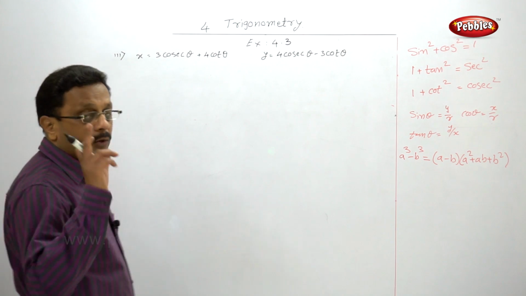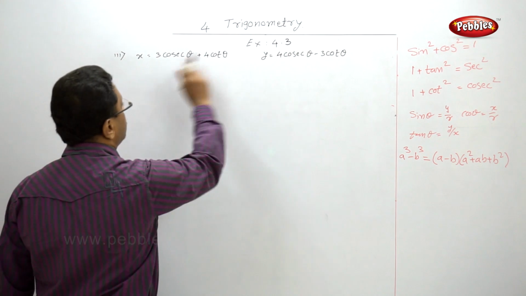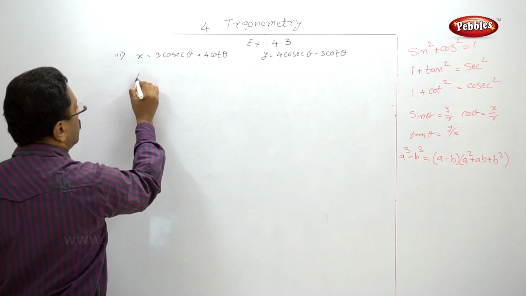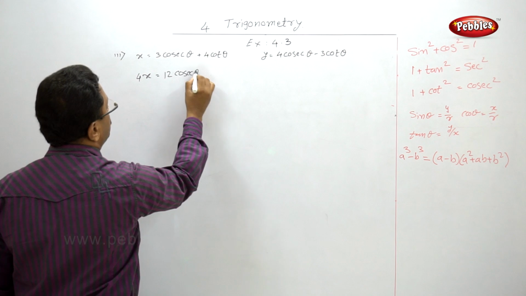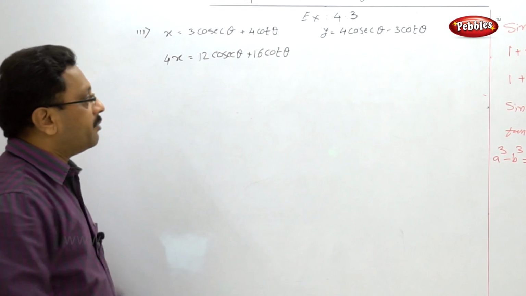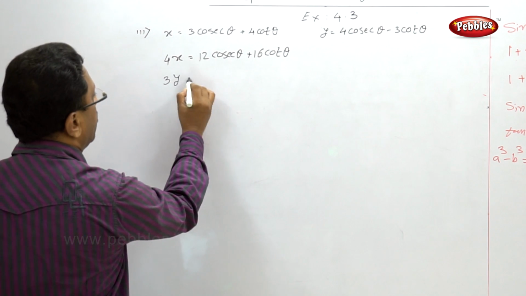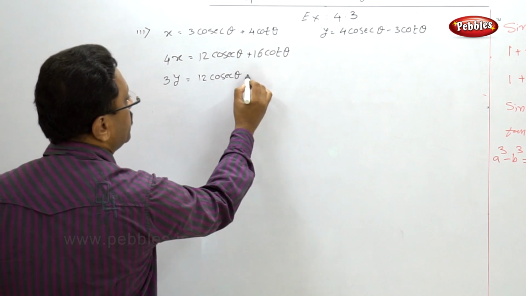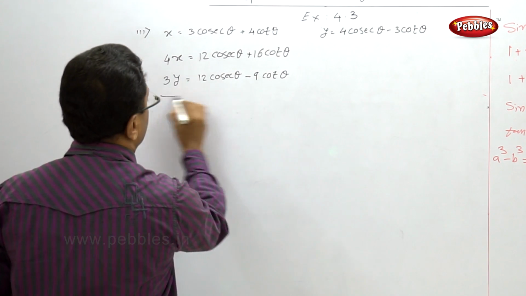First I am going to eliminate cosec theta and cot theta. So first I will multiply this equation by 4 and this equation by 3. So here I will get 4x is equal to 12 cosec theta plus 16 cot theta, and by multiplying the second equation by 3 I will get 3y is equal to 12 cosec theta minus 9 cot theta.